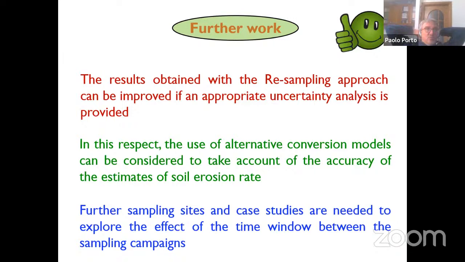Actually, we applied the resampling approach at catchment scales, but these catchments are small, around 1.5 hectares, and we have some deposition there. That means we have on a smaller scale what happens on a larger scale, and we saw that the results are still good if the uncertainties are taken into account.